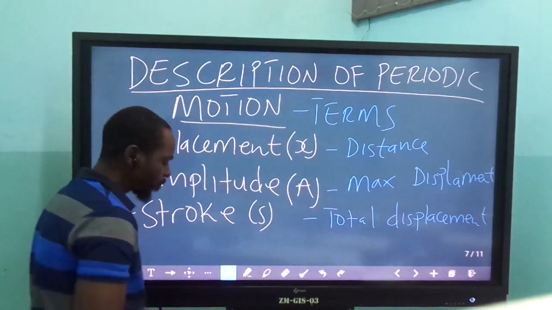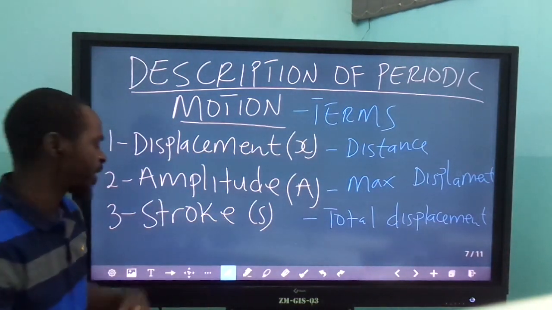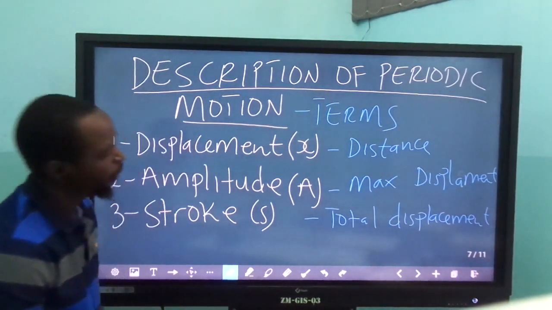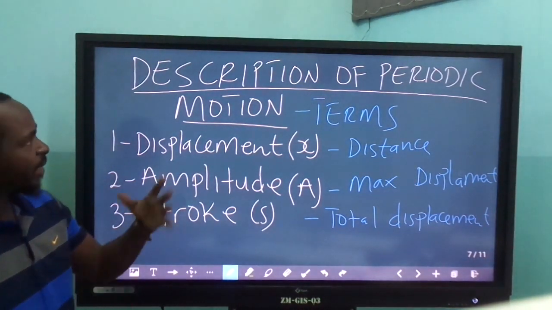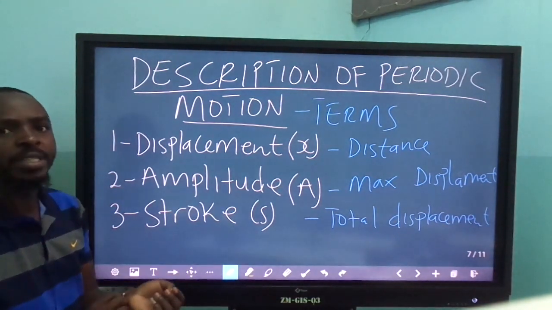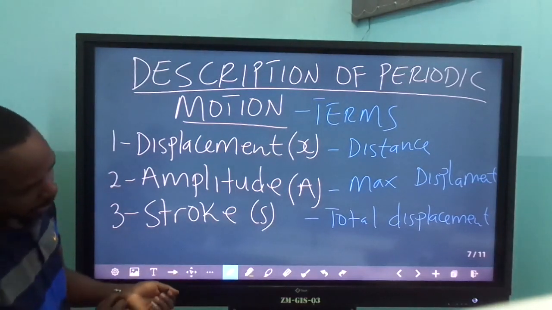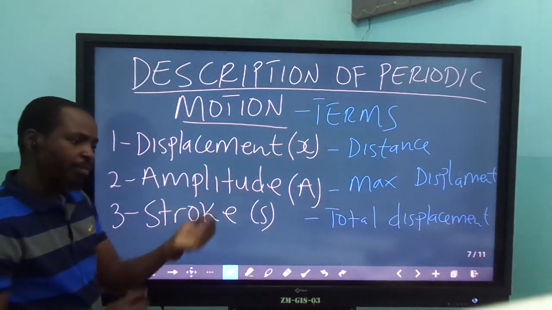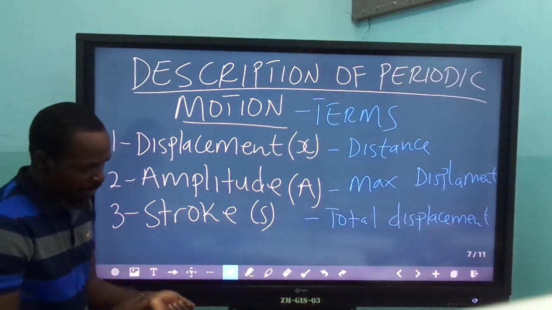Okay. Now, having stated the two conditions that must be satisfied for a periodic motion to be simple harmonic, let us consider the terms that are used to describe the periodic motion in general. And if I'm not mistaken, in high school physics, we did waves.